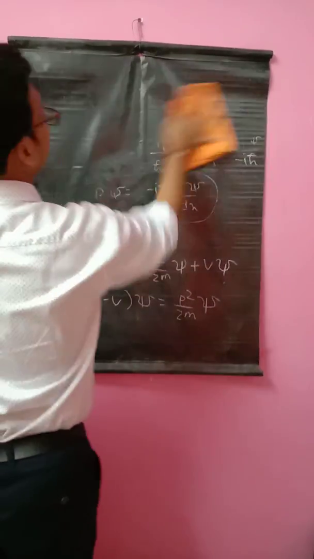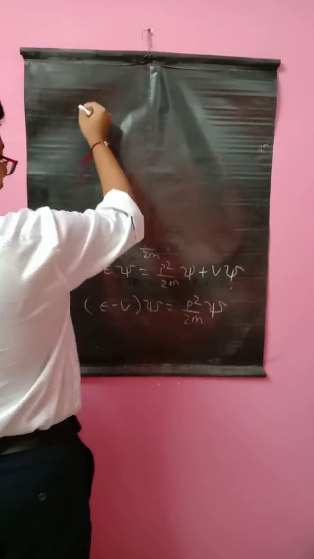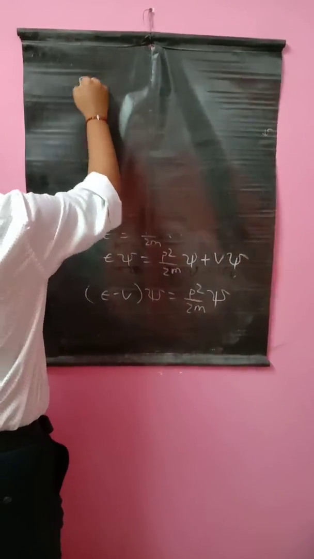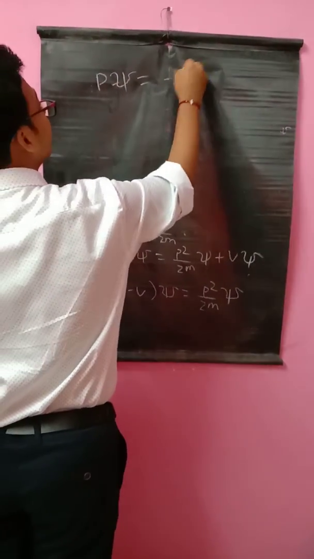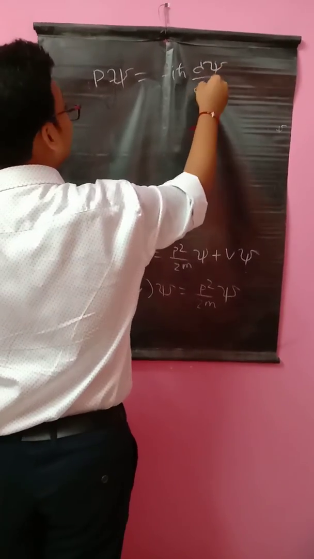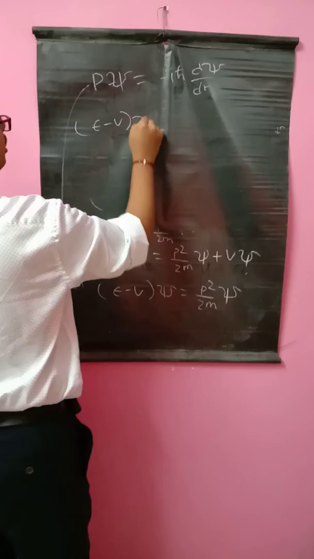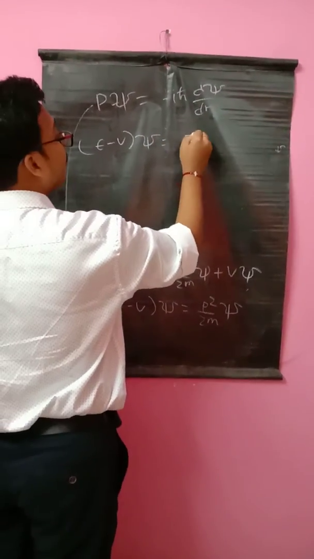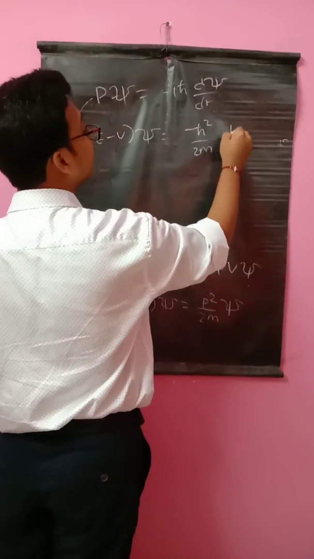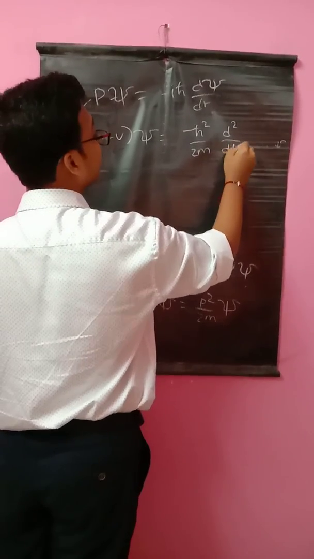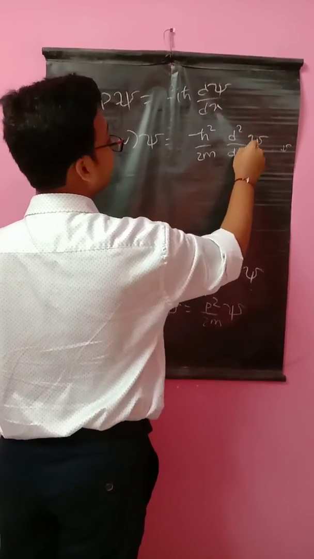Now here we know that p psi is equal to minus i h bar d psi by dx. Substituting in the equation, E minus V into psi is equal to minus h bar square by 2m d square psi by dx square.